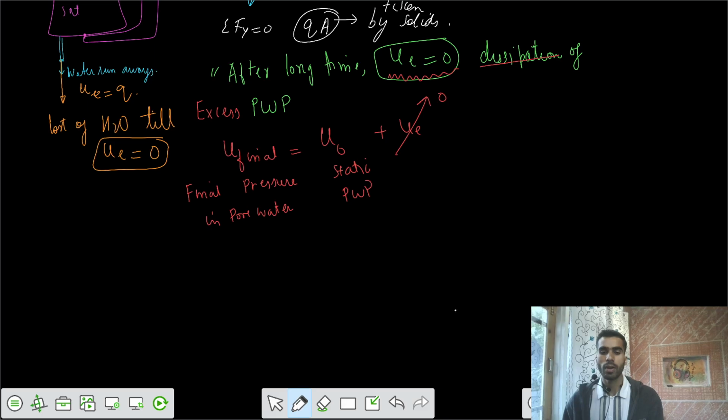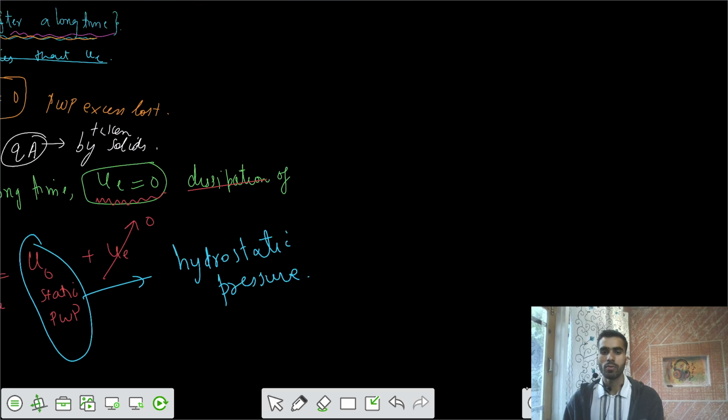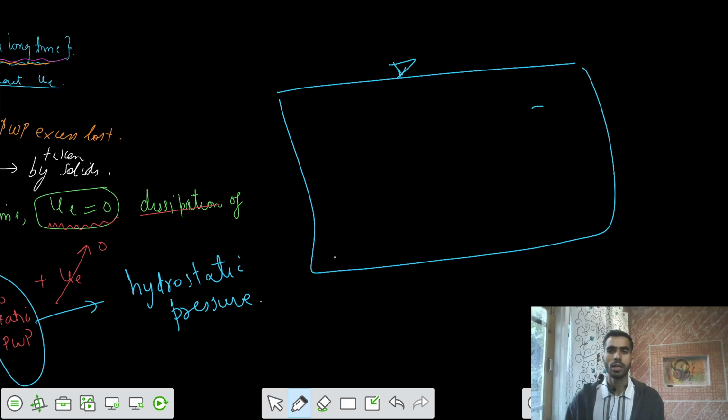So that means your final stress is actually the static pore water pressure, and we say that's hydrostatic pressure. It is similar to this: let's say this is your water in some sea or a river, and I want to find the stress at a location at height h from the free surface.